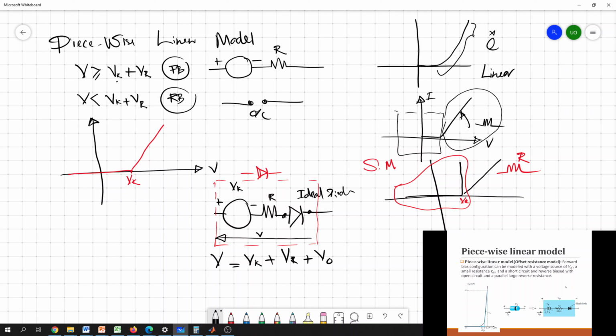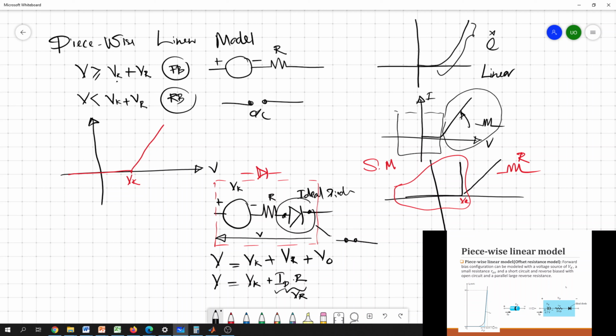Ideal forward bias means there should be a current flowing through this network. Once it is forward biased, this ideal diode can be replaced using a short circuit element. So there won't be any drop across it, but there is a current flowing through the network. So the diode drop is V equals Vk plus Id times R, which is actually Vr.